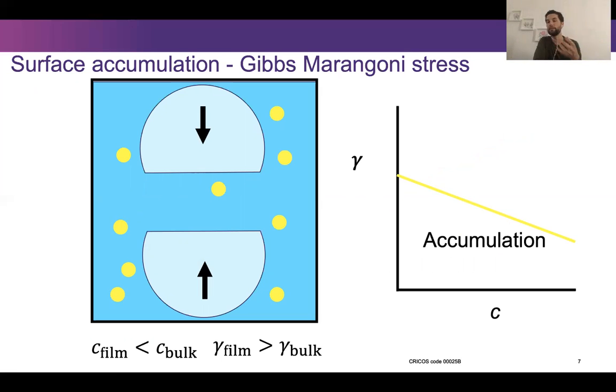And then again, this will lead to a surface tension increase because now you have a lower concentration leading to a higher surface tension. And therefore, exactly the same effect will occur. And this is called the Gibbs-Marangoni stress, or Gibbs-Marangoni pressure, some people call it. And so this is a very interesting phenomenon. You get the same effect for both surface enhanced and surface depleted ions.